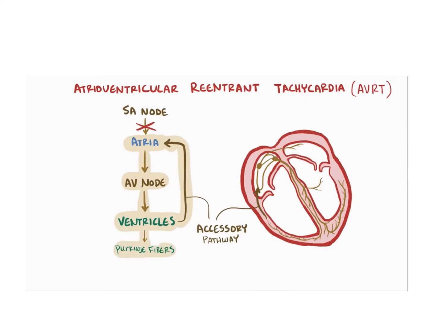But by the time the wave is traveling retrograde, the AV nodal pathway will be refractory. So it goes down through the accessory pathway, which would not be refractory because of its short recovery period. And it goes and depolarizes the atria from below, therein leading to a negative P wave deflection. And because this is the fast pathway, the RP interval here would be short.